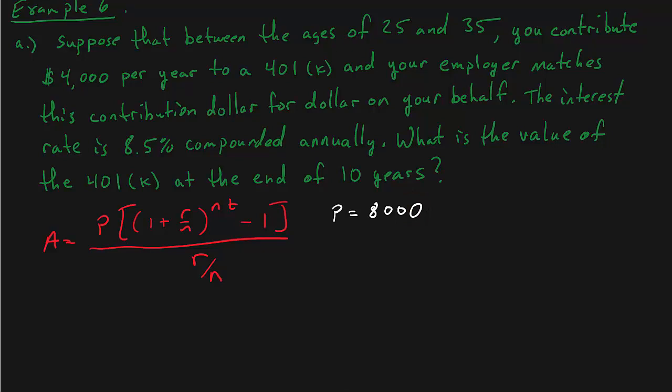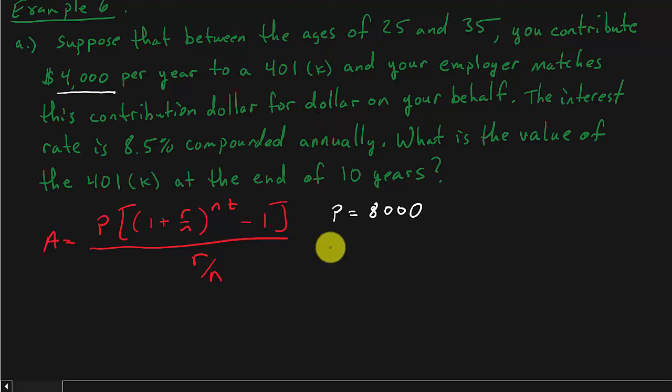Pause the video and think, how did he get P to be 8,000 when it says 4,000 here? Well, it says 4,000, and your employer matches this contribution dollar for dollar on your behalf. So the employer's putting in 4,000 also. That means there's a total of $8,000 going in.